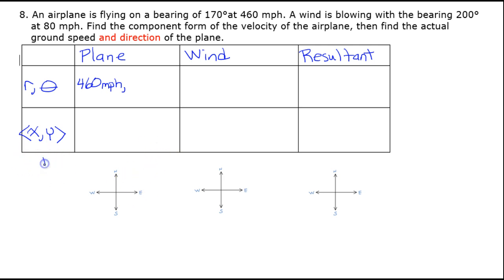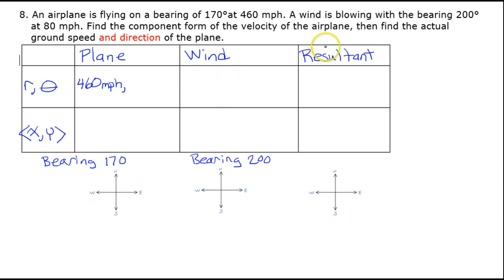A bearing of 170 is something that's measured clockwise from north. I'm going to write down the other one too. This other one is a bearing of 200. We're going to have to convert these to figure out what the direction would be if you measured from east and went counterclockwise.